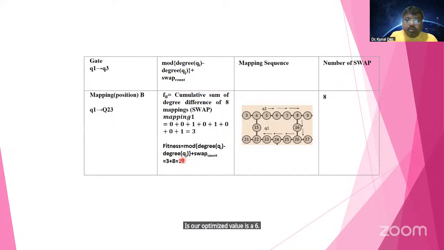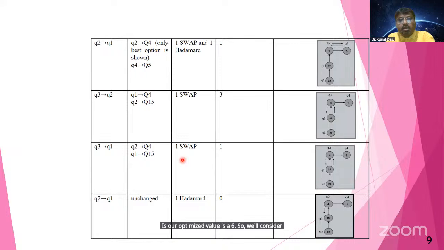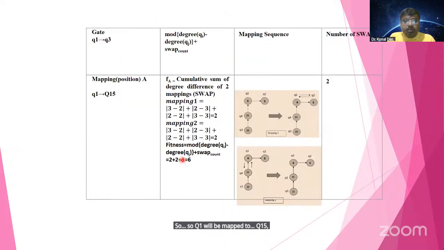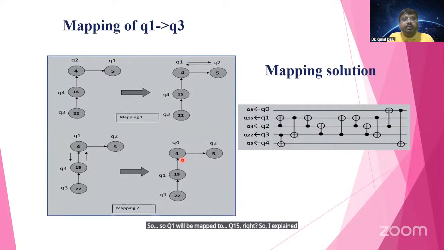So we will consider the first choice of Q1 to Q15. So I will map logical qubit Q1 to Q15, not the other cases. So Q1 will be mapped to Q15, right? I explained all of this.